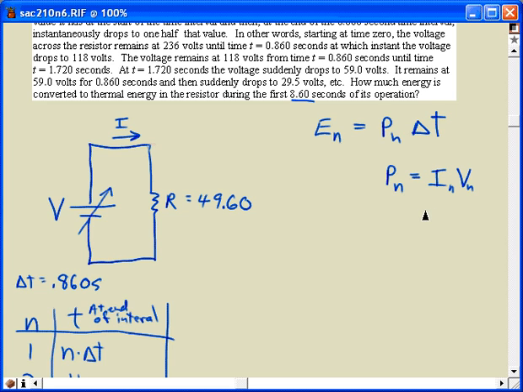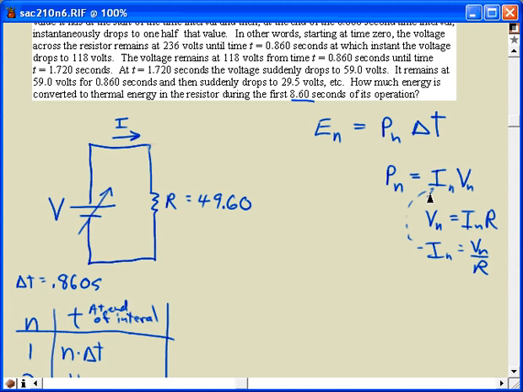But I want to get rid of the I, because we're given information on voltage, but not on the current. From Ohm's law, V is equal to IR, so whatever the voltage is during a particular time interval, it's equal to the current through the resistor during that time interval times the resistance. So solving for I, this is Vn over R.